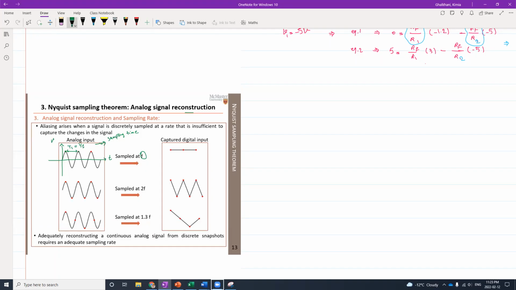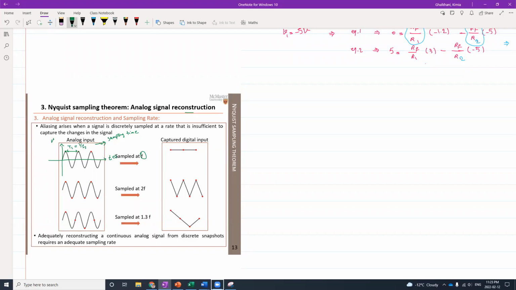This time is the difference between this sample and this sample. And the frequency that you are seeing in here is the sampling rate. We call it Fs, the sampling rate, which is the number of samples per second.